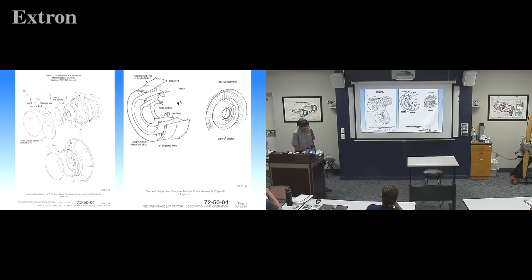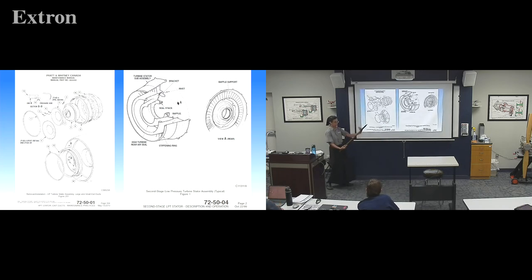And they also want you to know that there are baffles in jet engines, and they can be in different places. So here we have our high pressure turbine stator assembly with the large and small exit ducts. As it comes through the burner, then it makes that turn.